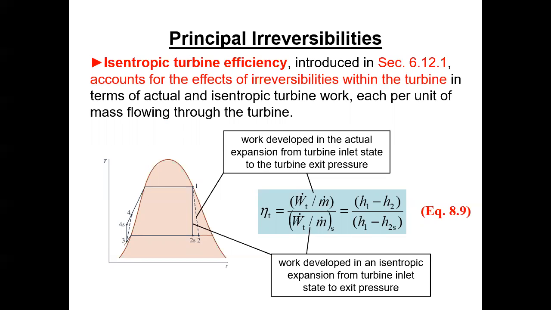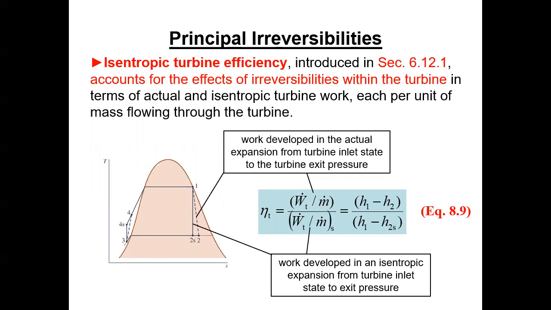On the denominator, is that H1 minus H2 all of that isentropic, or just H2? Oh, well, they both start at the same point, right? So if it's isentropic, the entropy at 1 and the entropy at 2s are the same. On the plot, it's T-S, so the horizontal axis is entropy, and if it's constant, then that has to be a vertical line coming straight down.